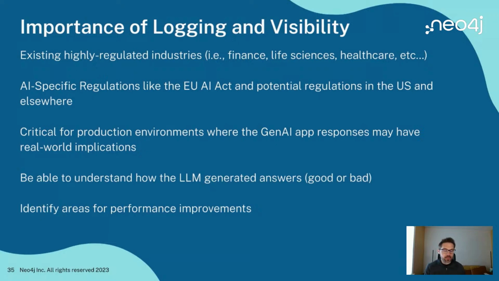We've seen some funny ones like Air Canada, where the chat assistant generated a discount code that didn't even exist, but the airline was told by the courts, you have to honor it because your agent told the customer this was a valid discount code. Well, that's kind of a funny example. You can think about other use cases where it's going to get a lot more serious. So just having that for the real-world implications will be essential.